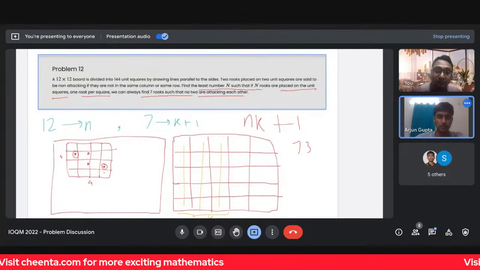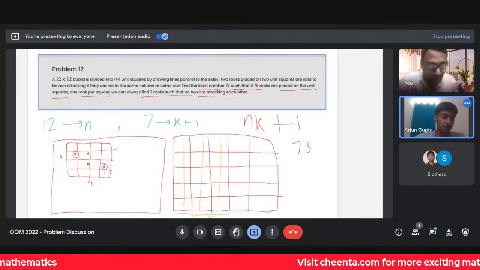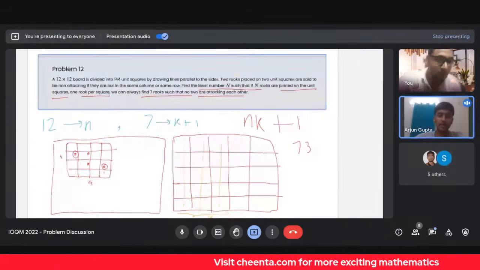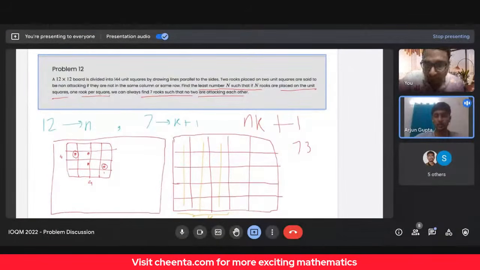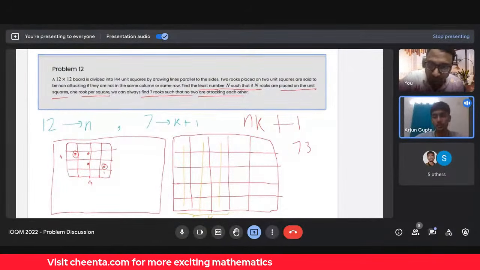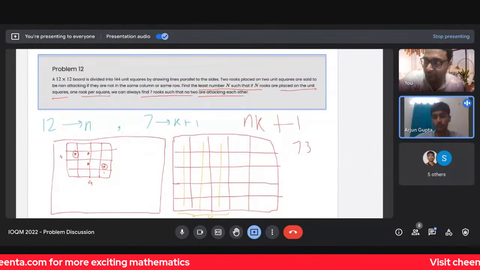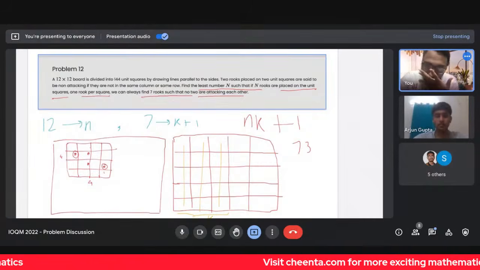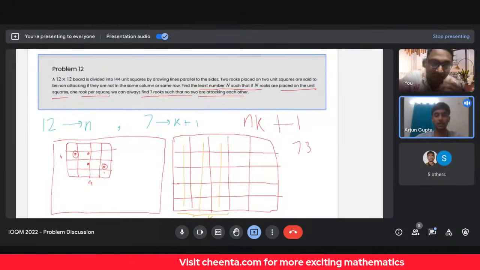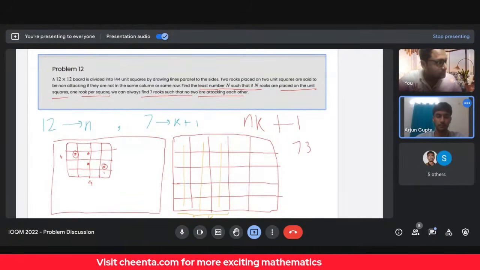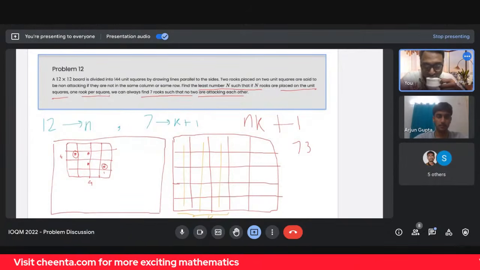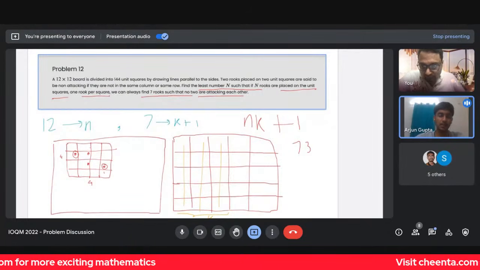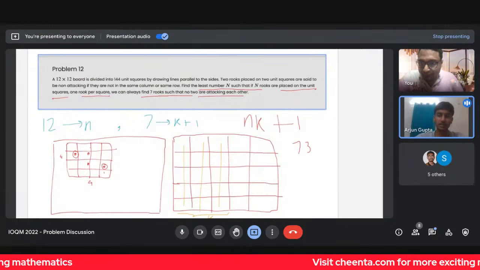Then we have placed nk rooks in total, but if we pick any k plus 1 rooks, then by the pigeonhole principle, some two will be in the same column. So some two of them would attack each other. So we have found a construction for nk.